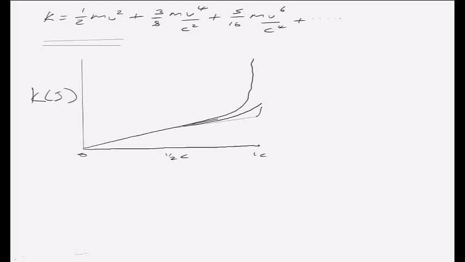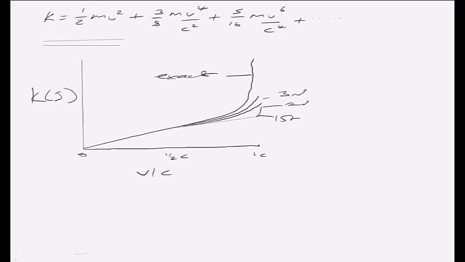The third order term, and it gets closer and closer to the approximation. And this is the exact solution, say. This is v over c.